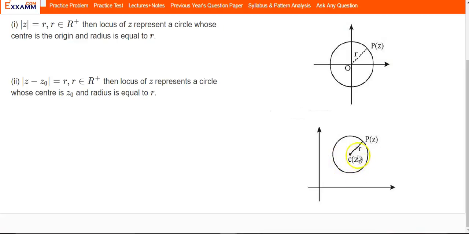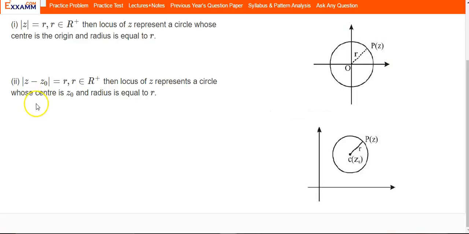So this equation becomes modulus of z minus z0 is equal to r. This is a very important equation, and it has many usages, and questions based on this have come frequently in the past in IIT JEE. So please remember that modulus of z minus z0 is equal to r.